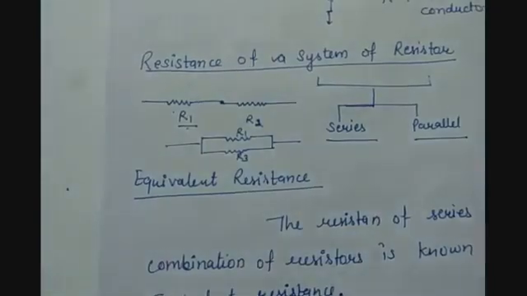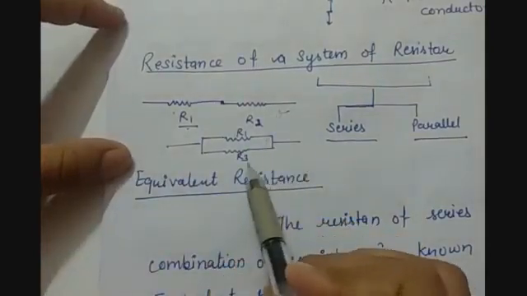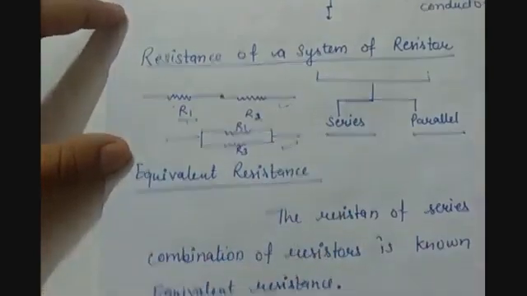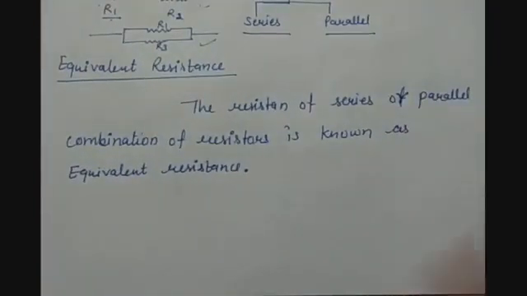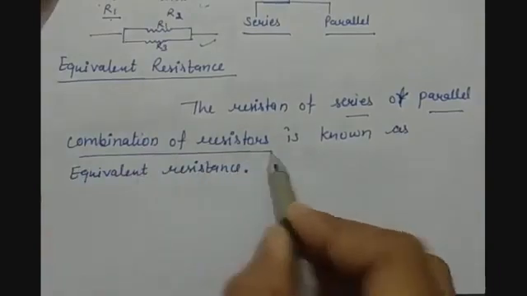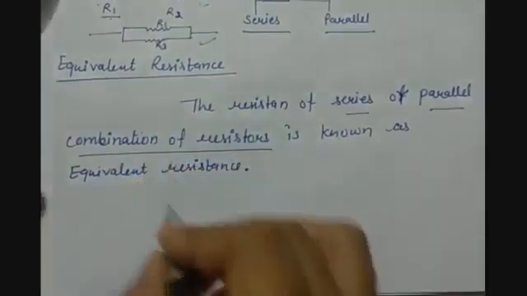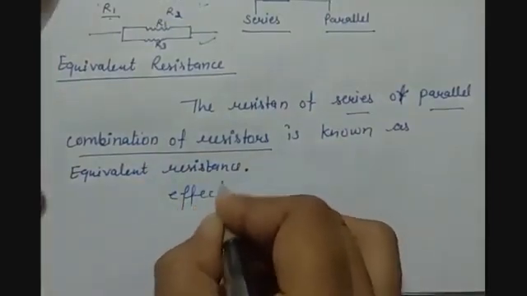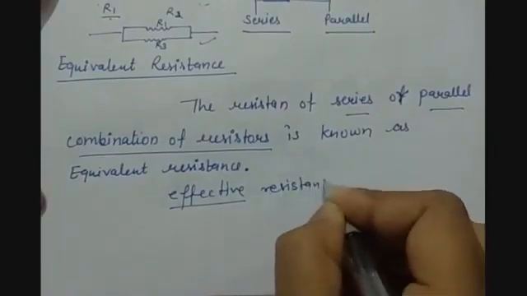Now let us see how to calculate the equivalent resistance of a system of resistors in series and in parallel. So first we should know what equivalent resistance is. Equivalent resistance is the resistance of a series or parallel combination of resistors. So this is the total, or you can say effective, resistance of the combination which we are using.